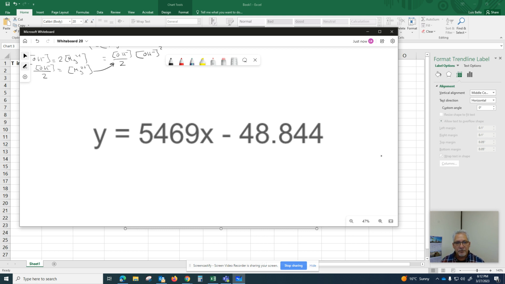First, the natural log, you can check that on your own, okay?